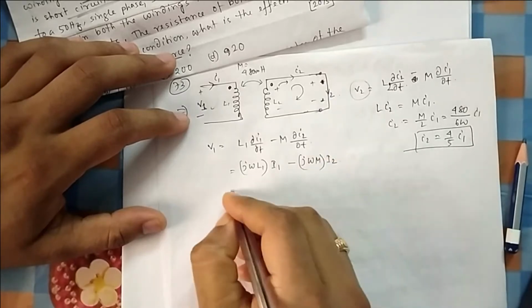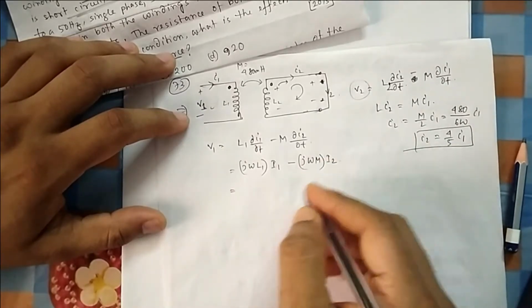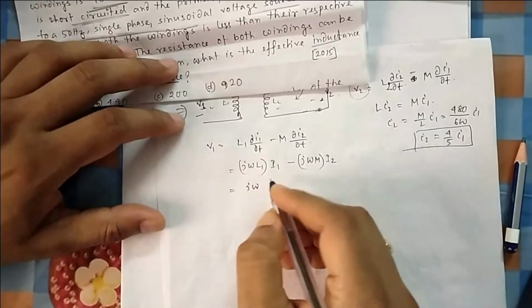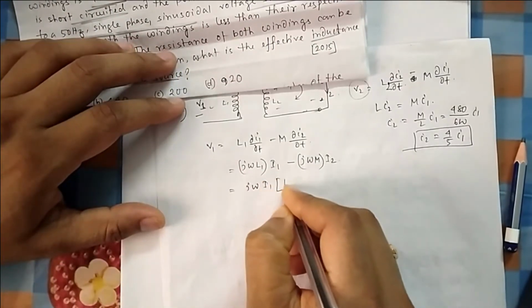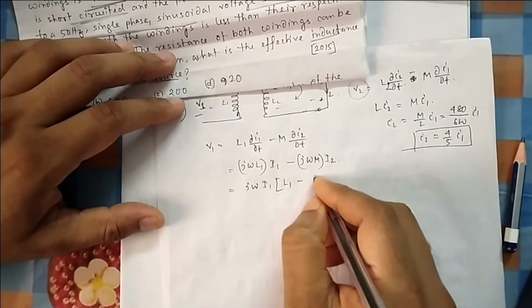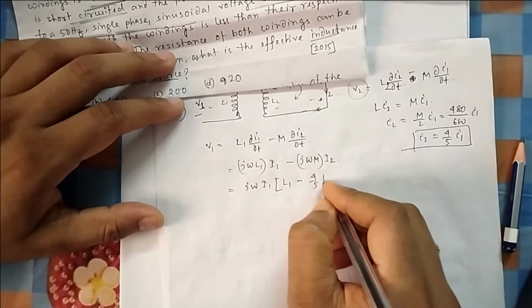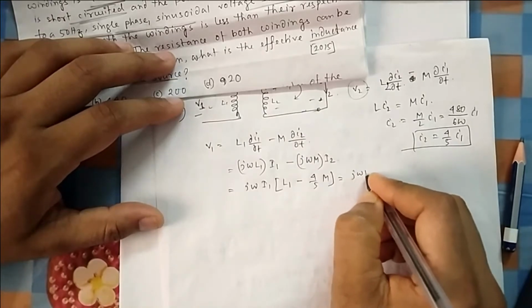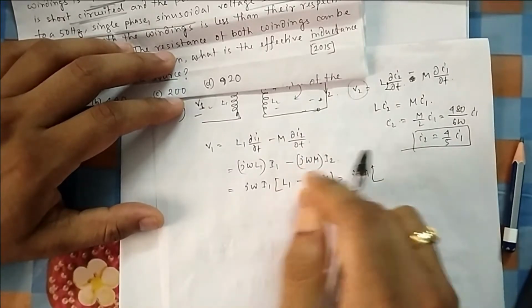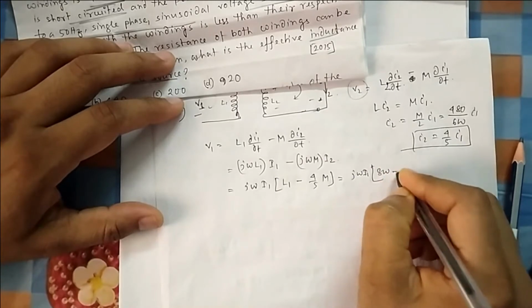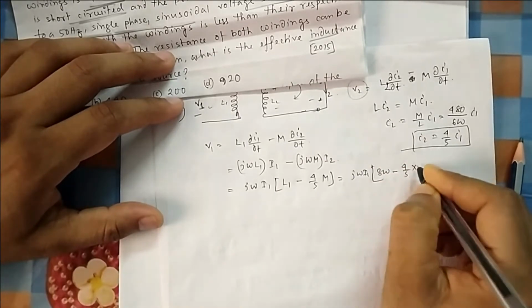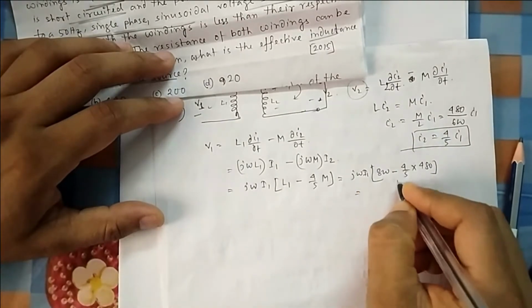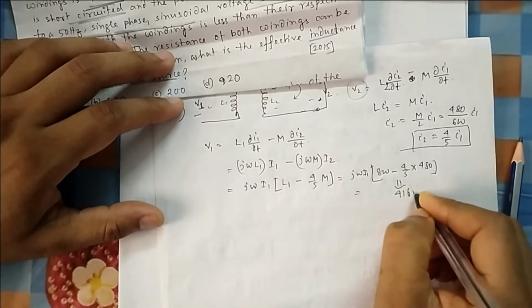Now if you put I2 as 4 by 5 I1, and take I1 and j omega common, because they are asking for inductance only, then it is L1 minus 4 by 5 into M. So it will be j omega I1, which is not required. I need this one as my answer: 800 minus 4 by 5 into 480. If you do it, you will find this portion is equal to 416 millihenry.